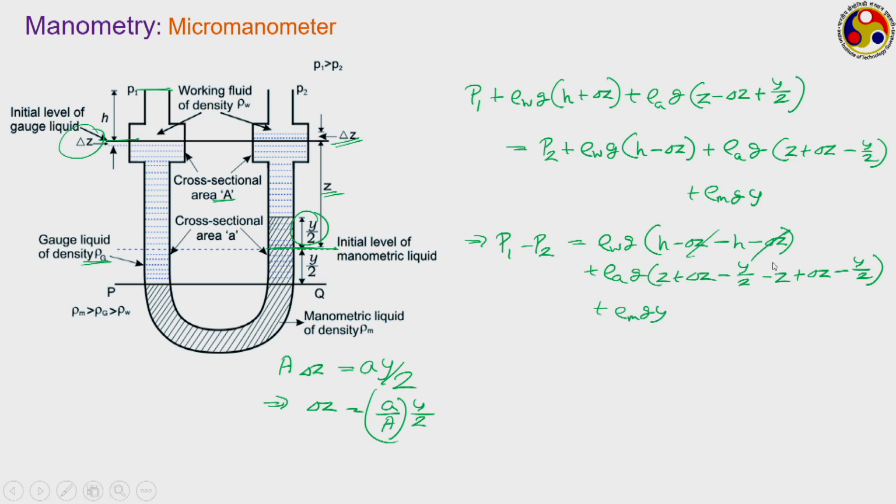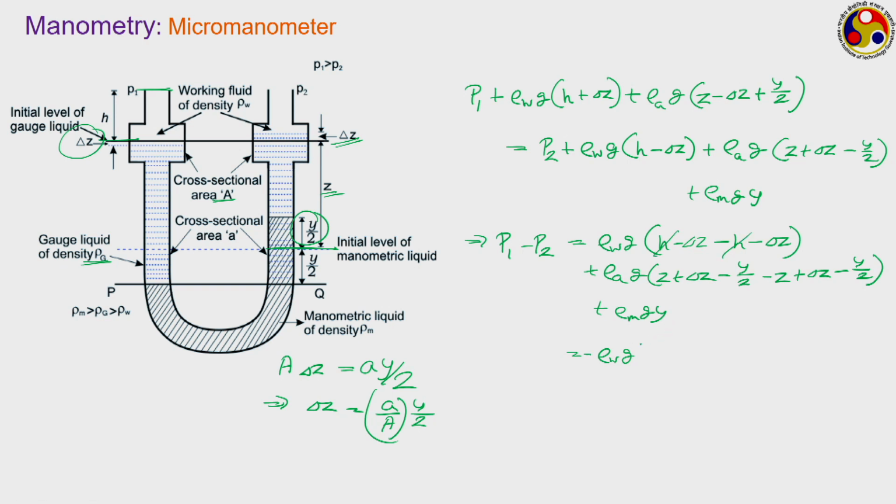So delta z goes off, that is rho w g into, I should not have struck this out, h minus delta z minus h minus delta z, actually h goes off.